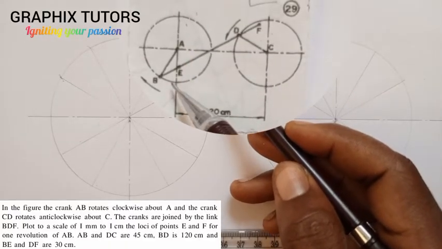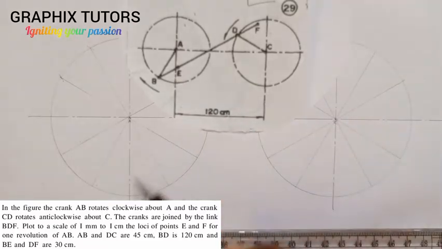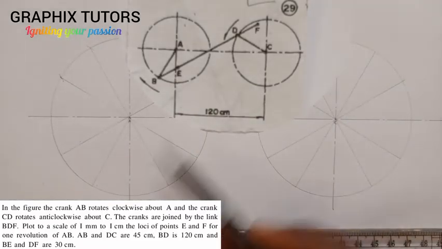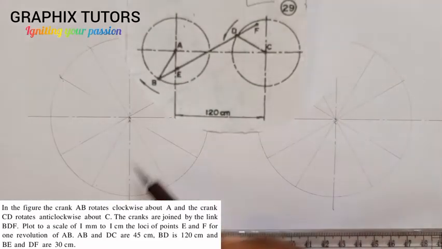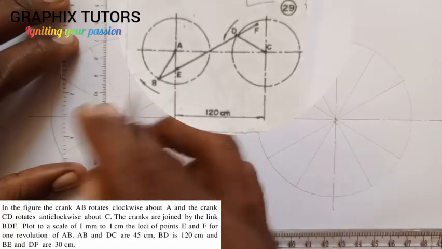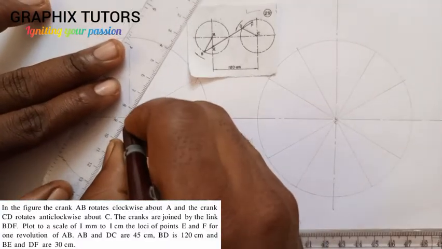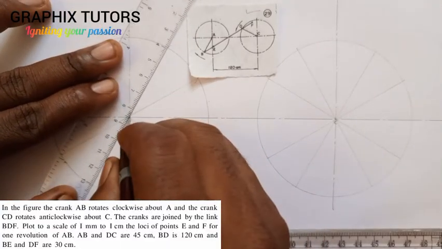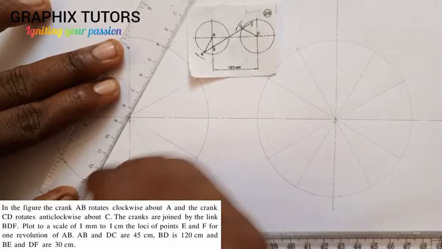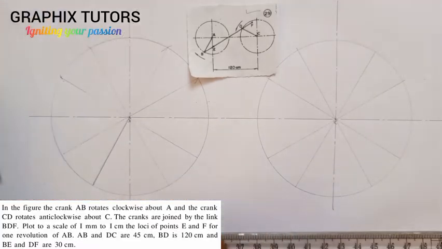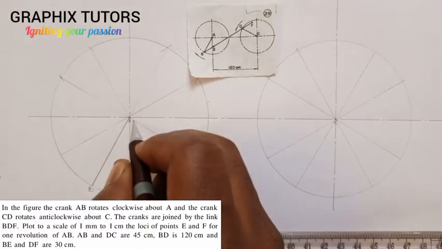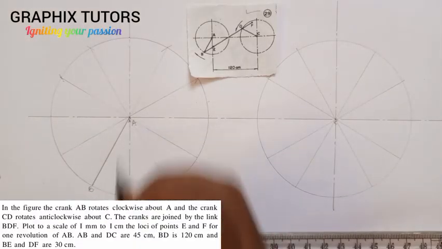That means if this point here is this point here, automatically this point here will be this point here. So I'm going to tick that point and call it point B. So this is my point B, while this is A, like I said earlier.